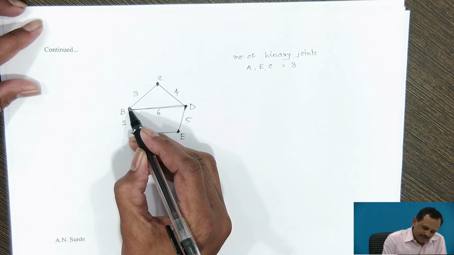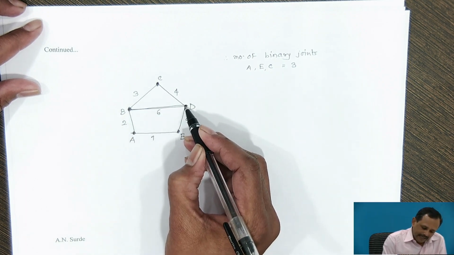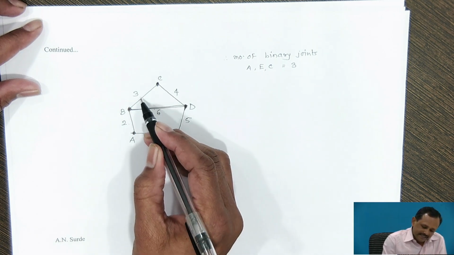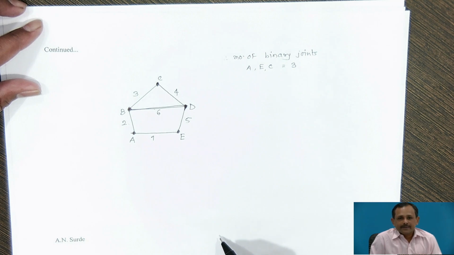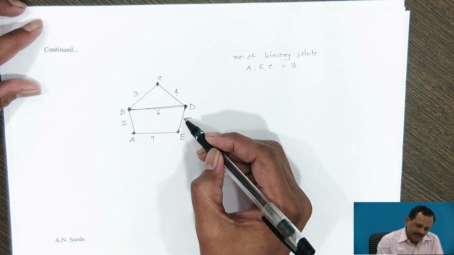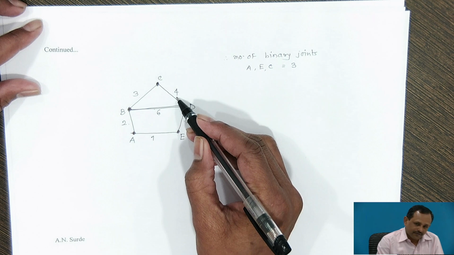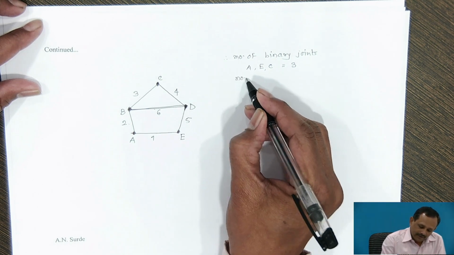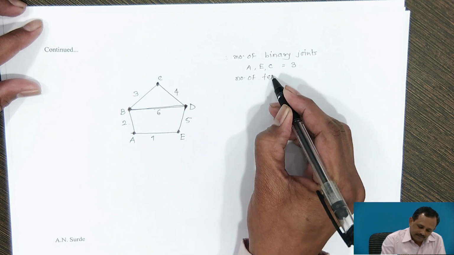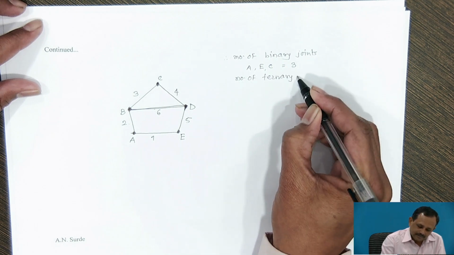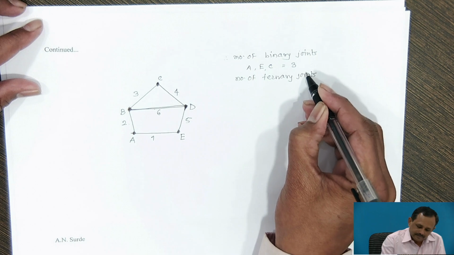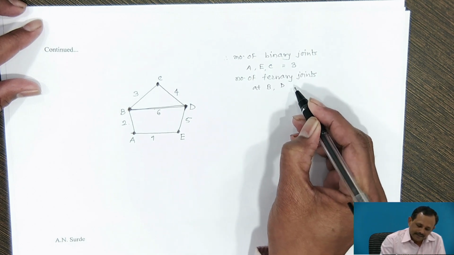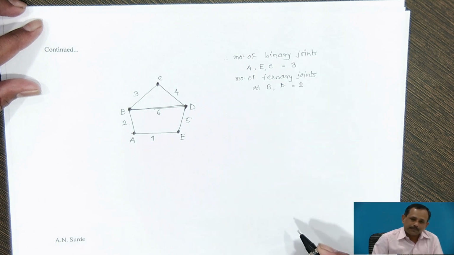Now, at point B, links 2, 6 and 3 are connected. Similarly, at point D, links 5, 6 and 4 are connected. And therefore, the number of ternary joints, at points B and D, is equal to 2.